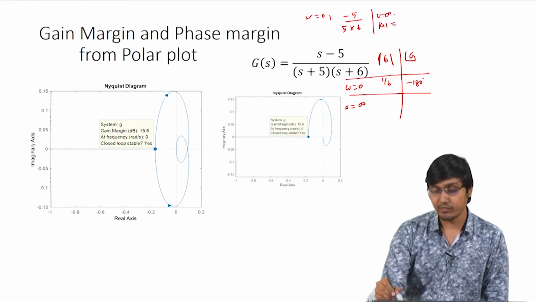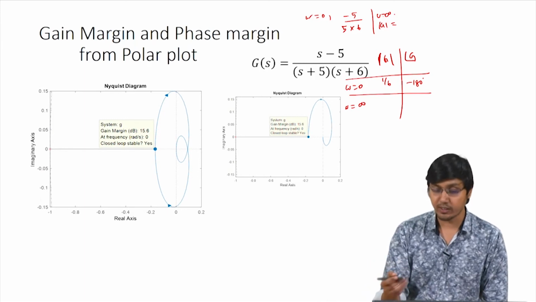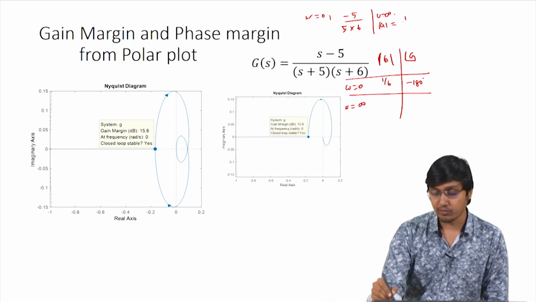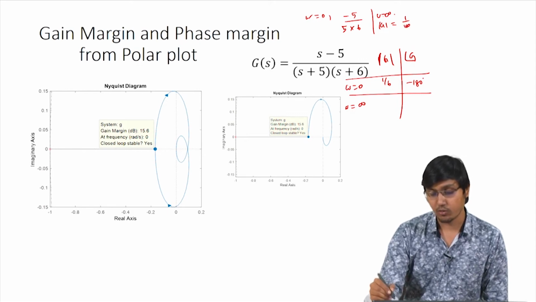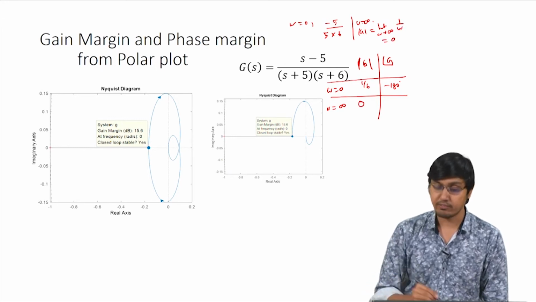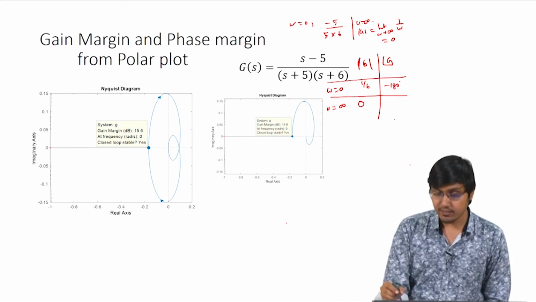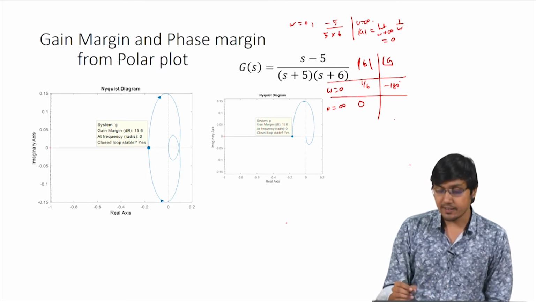If you take the limit omega tends to infinity, it will come in the form of 1 by omega, which is nothing but 0. So this is effectively 0 here. At omega equal to infinity the magnitude is 0.